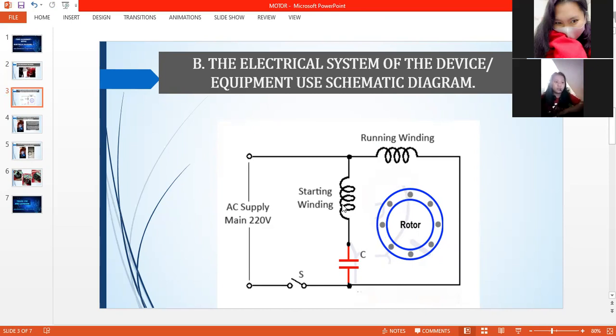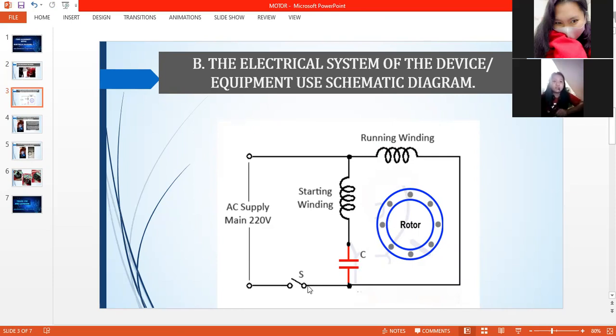As we can see, the starting winding and the running winding are connected in parallel. After the motor accelerates to a speed equal to approximately 2/3 to 3/4 of the rated speed, the starting winding is disconnected automatically from the line by means of a centrifugal switch.